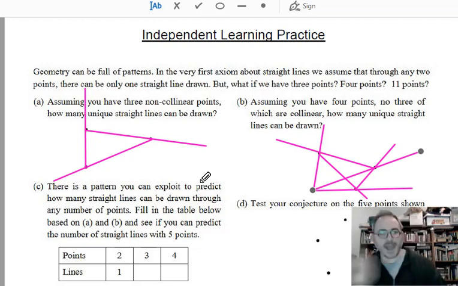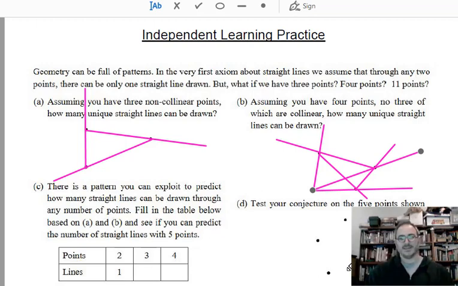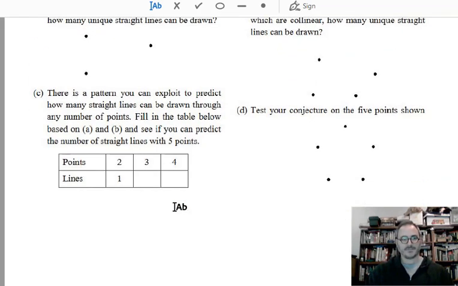There's a pattern we can exploit to predict how many straight lines can be drawn through any number of points. Let's think about that pattern here. If we have 2 points, only 1 straight line can be drawn. If we have 3 points, then 3.